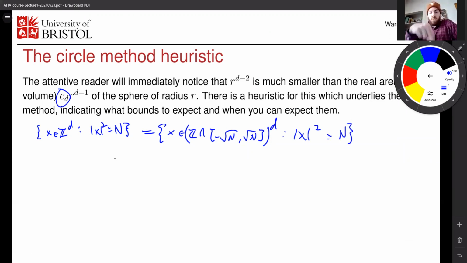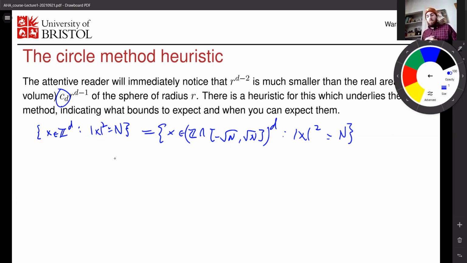If I don't expect there to be any bias, like if I can represent n in a certain number of ways, then I expect that I can represent n plus 1 in roughly the same number of ways, and n plus 2 in roughly the same number of ways, and so on.